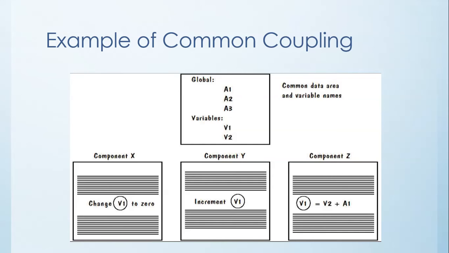So here we have an example of common coupling. You have the global variables in one central data store, and then component X is trying to change v1 to 0, whereas component Y is incrementing v1, and component Z is also modifying v1.